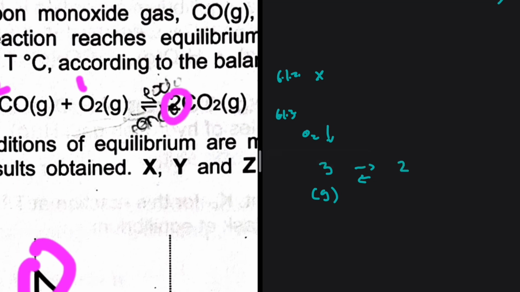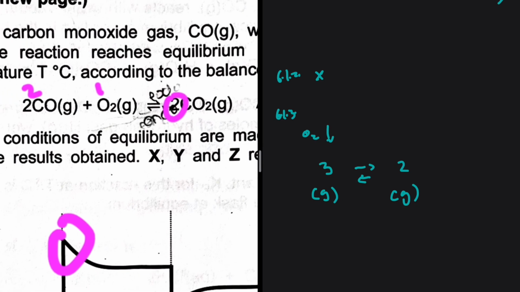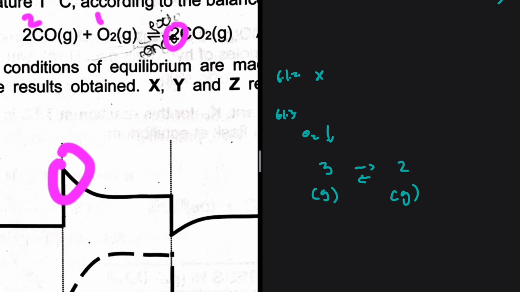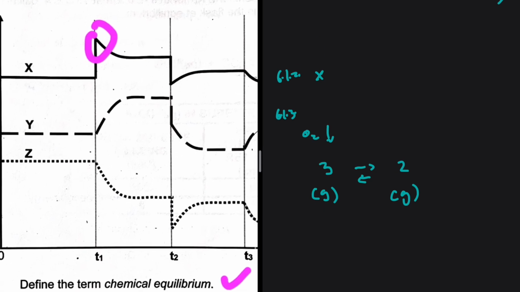Okay, why are we doing this? We want to see how our system will react to a disturbance, because the system wants to oppose the disturbance, right?